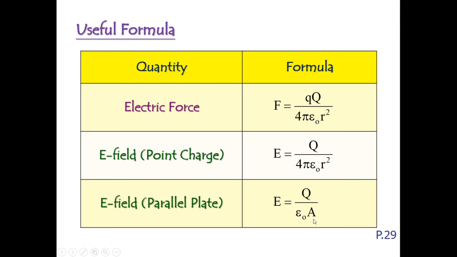The last expression can be expressed in terms of the electric potential between the plates, which is given by V over D, where V is the electric potential between the plates and D is the separation between the two plates.